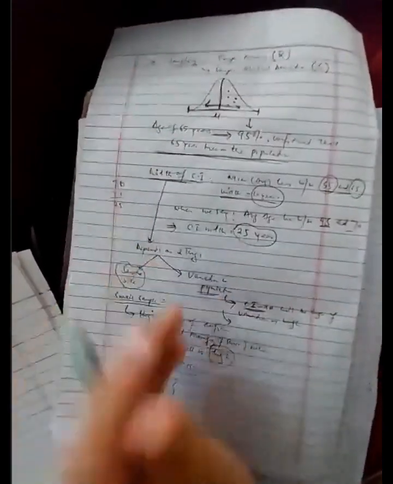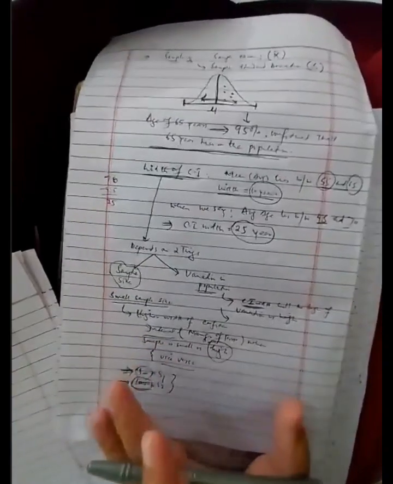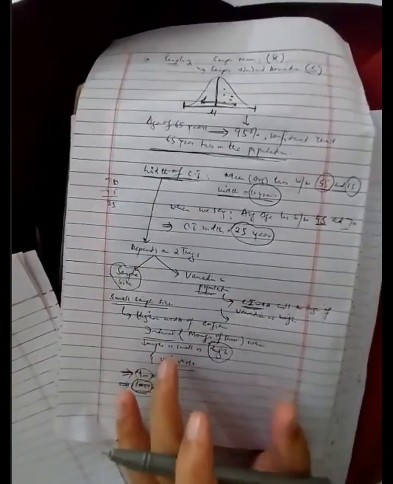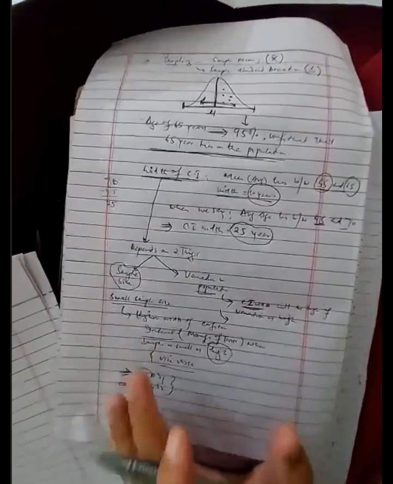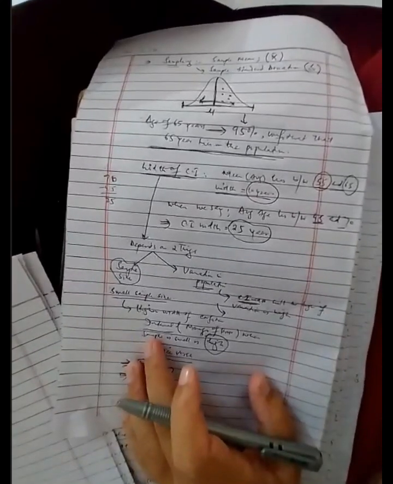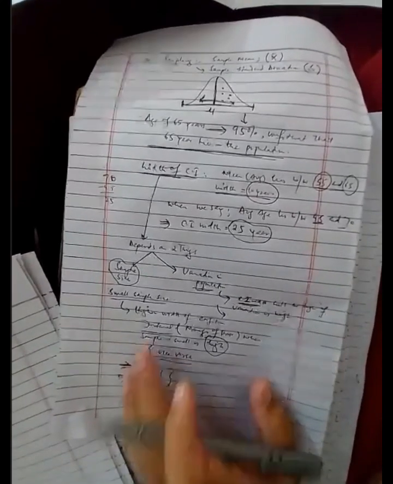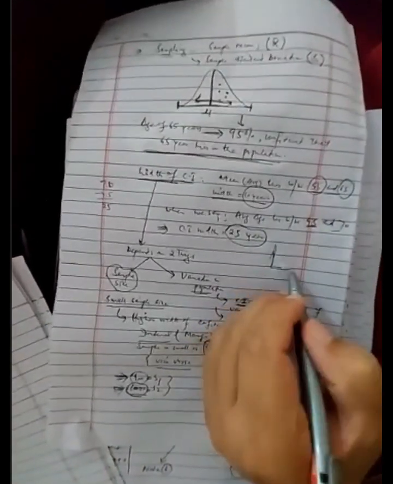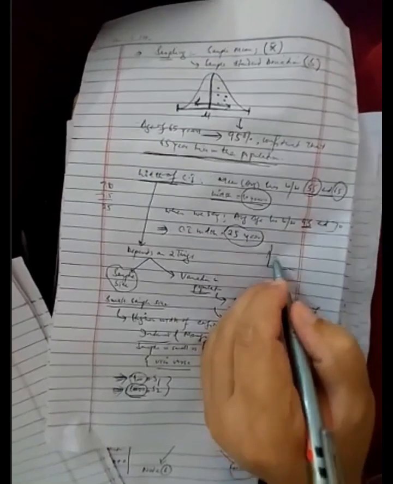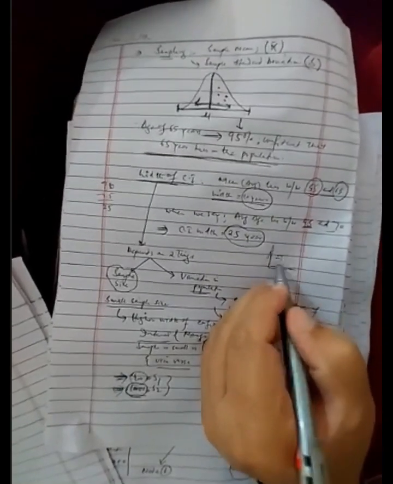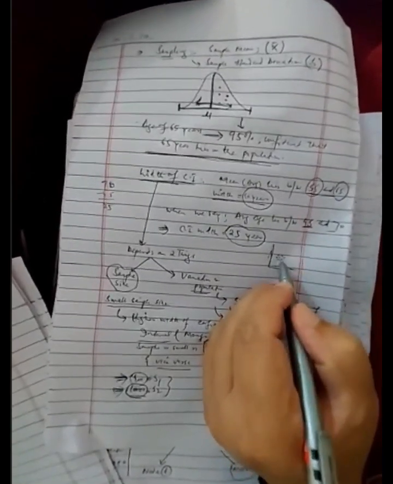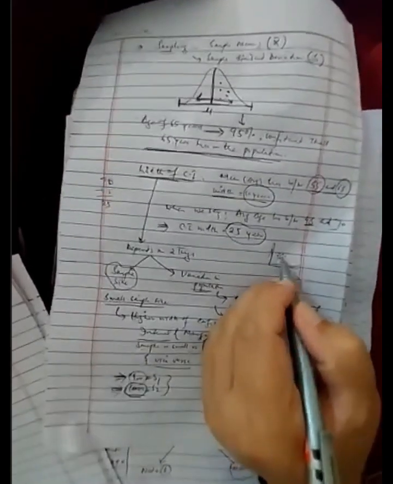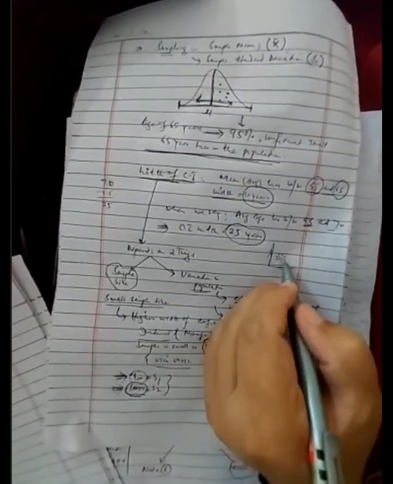But if we pick 10 apples and all of them are 60 grams, 62 grams, 58 grams, then if we plot it in a box plot, the data is dense, closely interacting with each other.